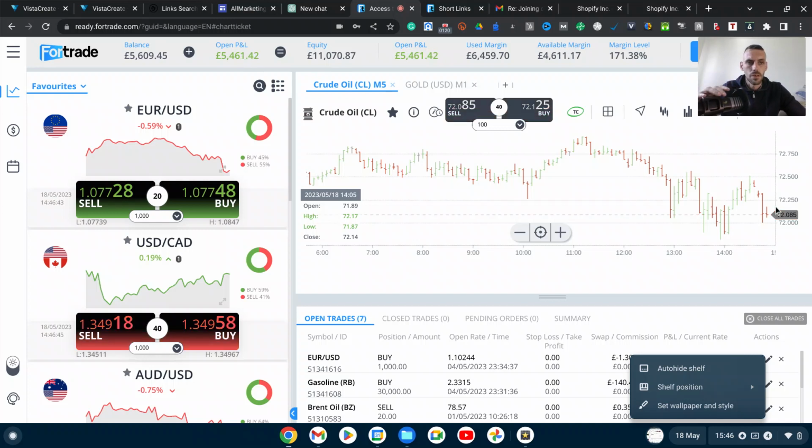Now, the reason I know how to place these trades is because Fortrade will actually assign you an account manager when you open up one of these demo accounts. And what that means is they will contact you via phone and they will assist you. They will basically teach you how to trade. They will give you an overview of the platform.